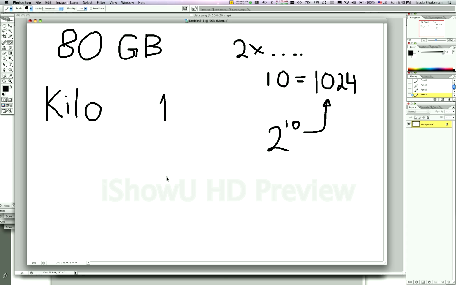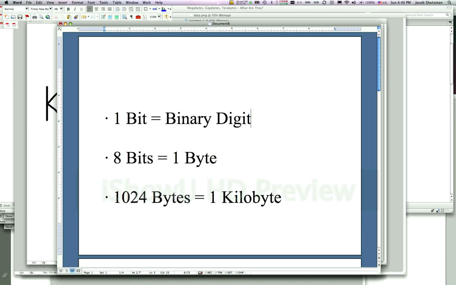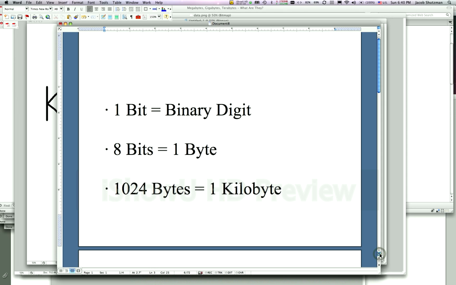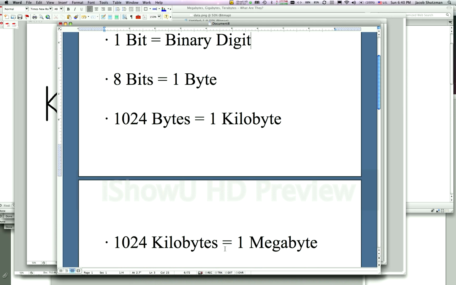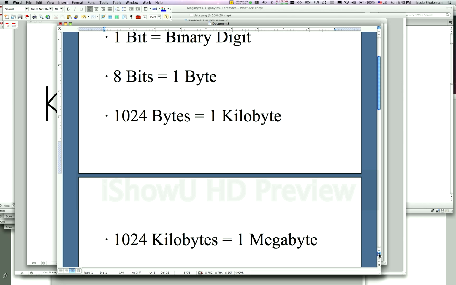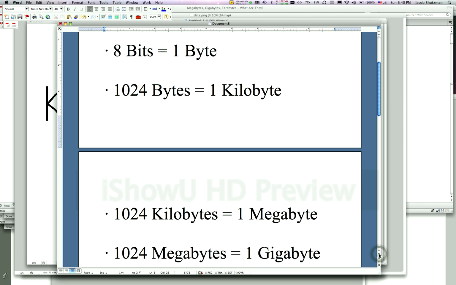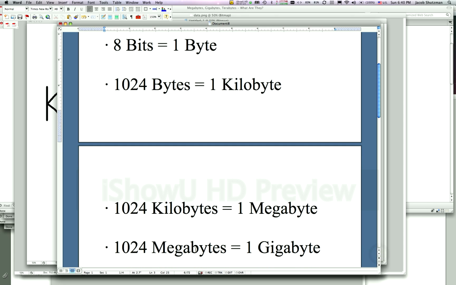But for now, let's go back to our chart of bits and bytes, and as we said, 1024 bytes are called 1 kilobyte or 1K. The next level up is going to be 1024 kilobytes, and that's going to be 1 megabyte. The next level up will be 1024 megabytes, and that's called a gigabyte.